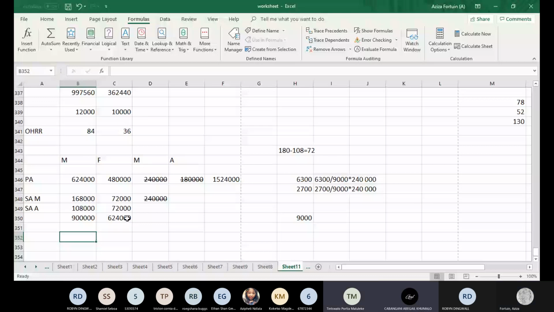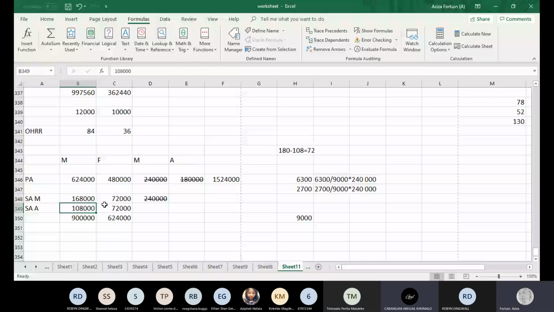Sorry, Aziza. Yes, under the administration, did we say it's 1,200 plus 900, or do we use the 9,000 for production department? And for the administration, Robin, what did we use there? The 180,000. Under area occupied in square meters, we use 9,000 or 2,900, which is 1,200 plus 900.